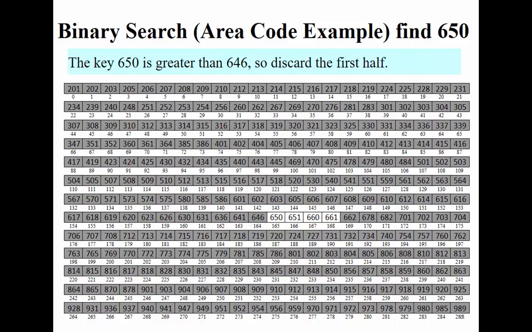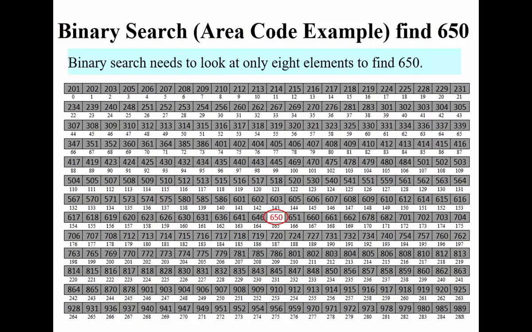Then we keep doing this until we have the value that we are looking for. So we actually need 8 comparisons to find the element inside an array of 285 elements. And this array is sorted in advance.